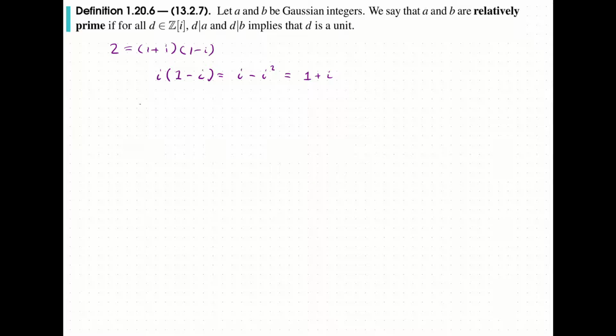So as a consequence, what we have is that 1 minus i divides 1 plus i, but we also have that 1 minus i divides itself.